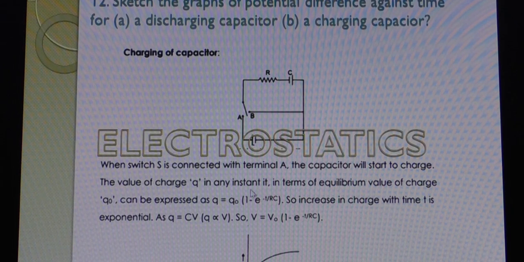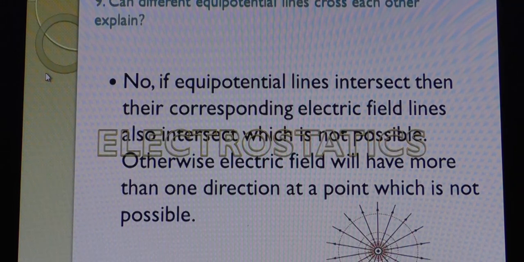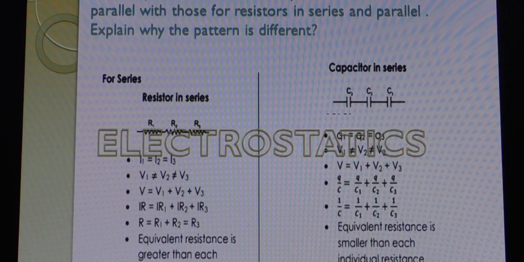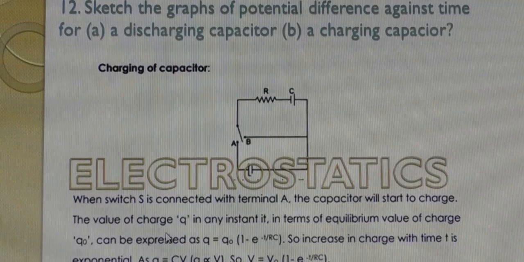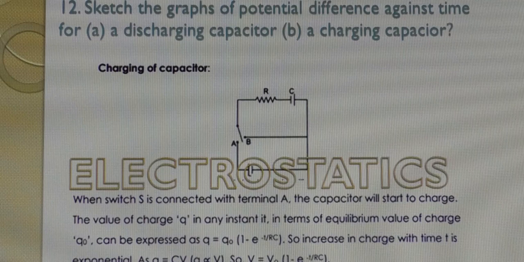Putting Q equal to CV and Q naught equal to CV naught, C cancels on both sides. As we all know, for the capacitor, Q is directly proportional to V, the potential difference.